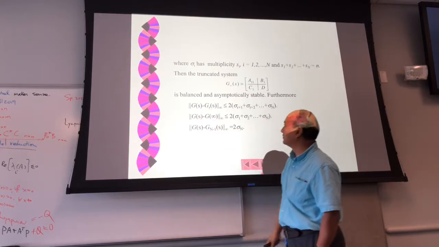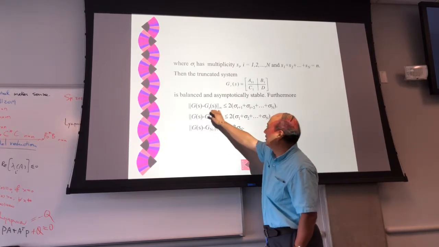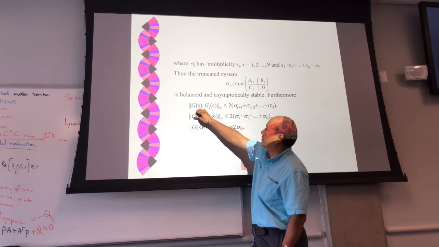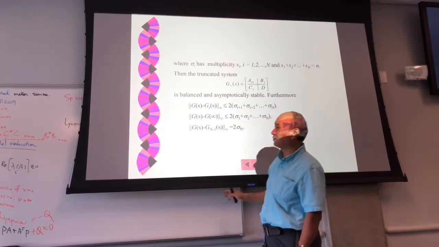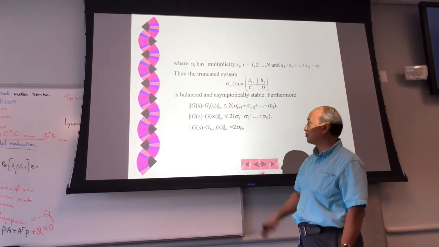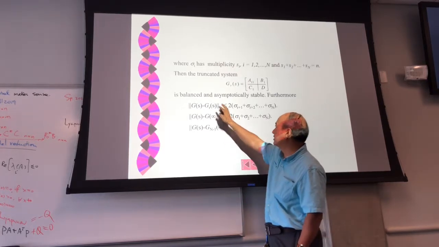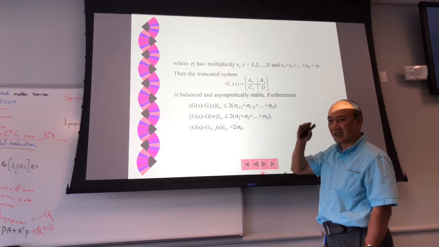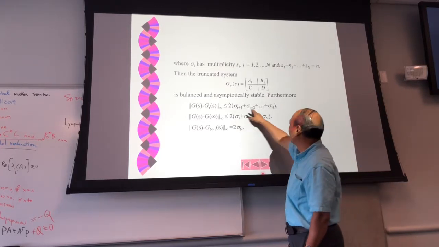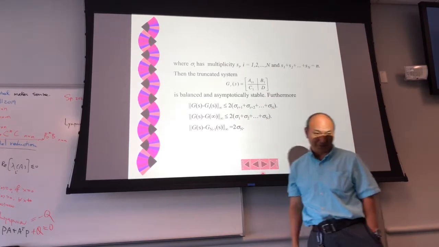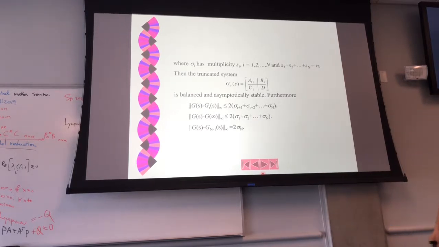So this is the delta, the truncation error. The thing you truncated, I want to know the worst case norm. Infinity norm is the worst case norm. That is upper bounded by all of them added together times 2. So this is called Hankel singular value. They are so useful.